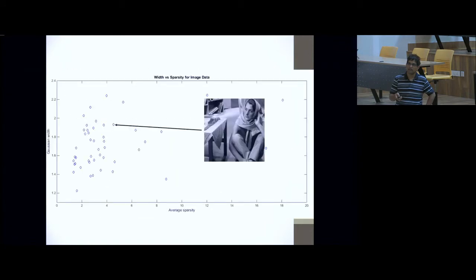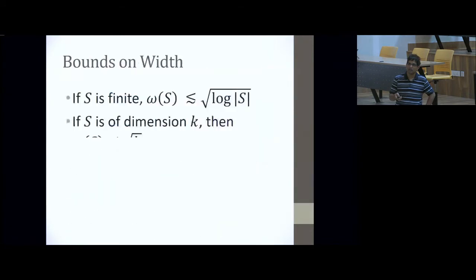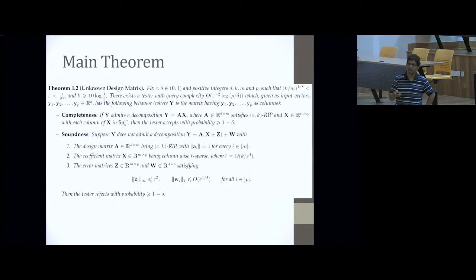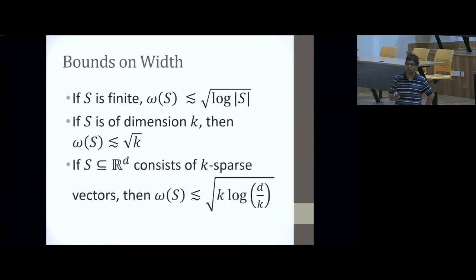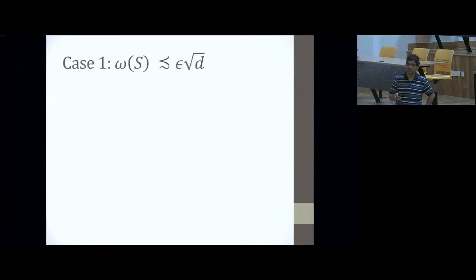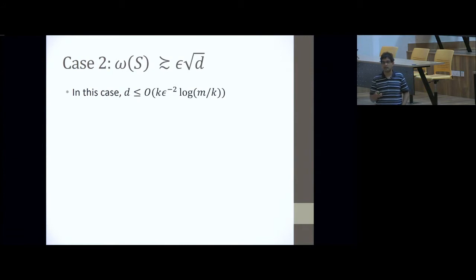In the main theorem, if you remember, there's this case where y equals Ax plus z plus w. This is the trivial case where x is 0, but you can write your vectors as A times some vectors which are small infinity-norm-wise. The other case is the more interesting case, when the vectors are of high intrinsic dimension.